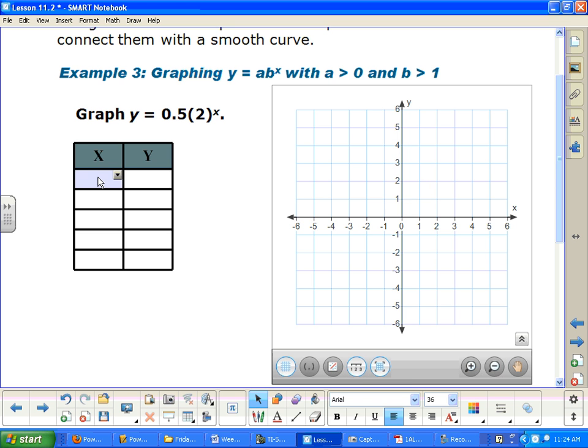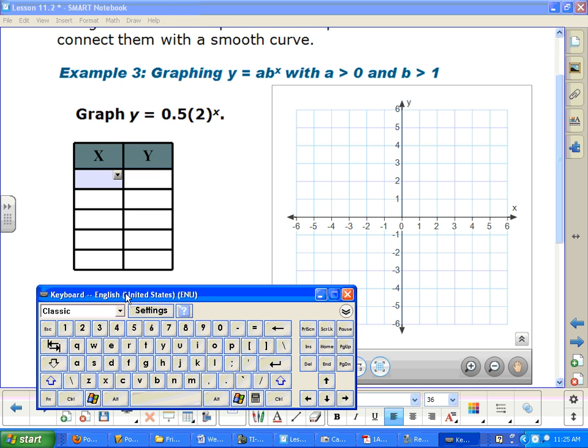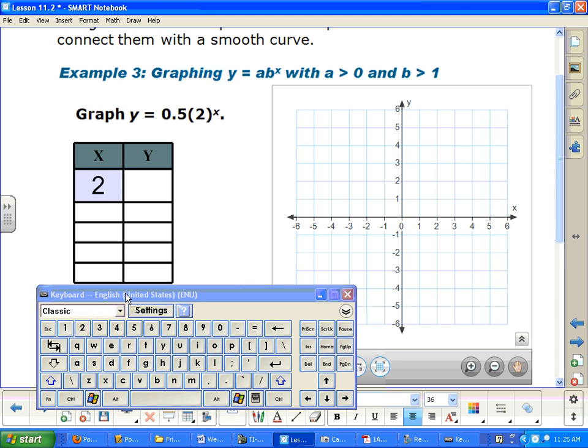And we're going to choose a couple of positive values, a couple of negative values. All right, so first we're going to go with negative 2 here. And then negative 1. And then 0. And then 1.